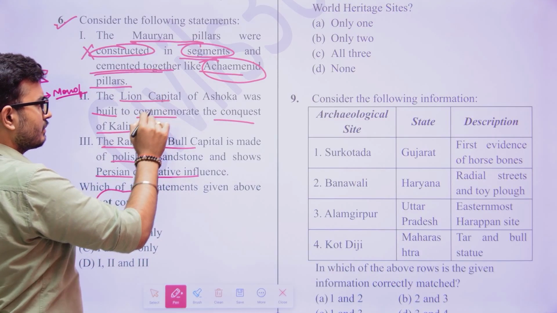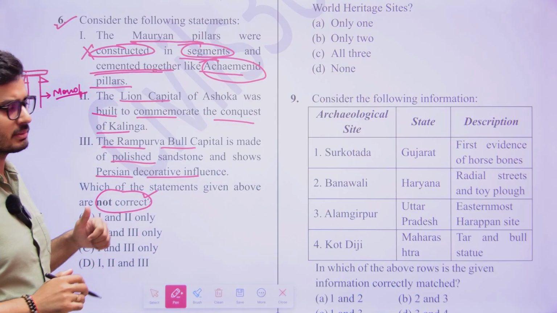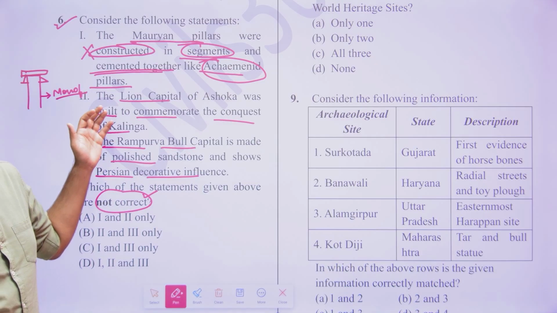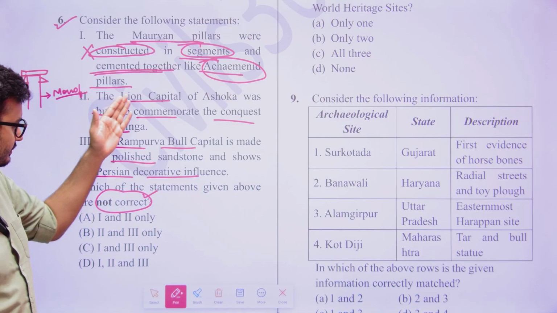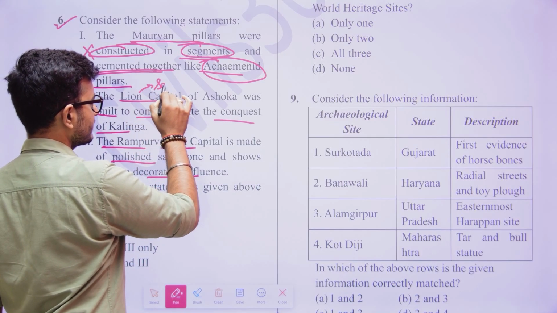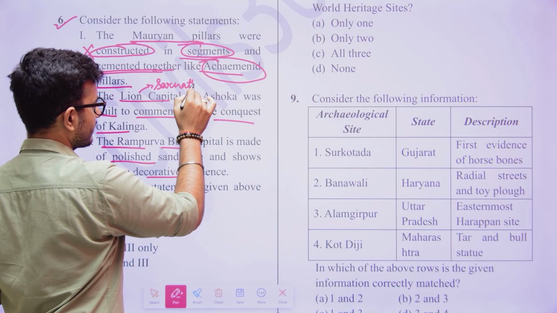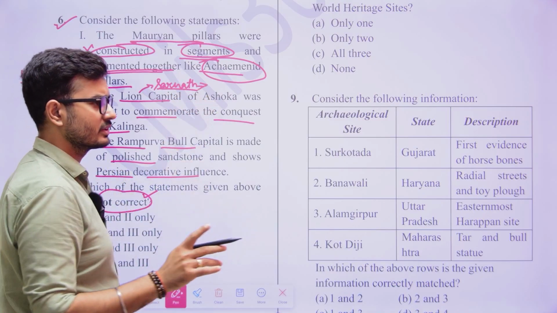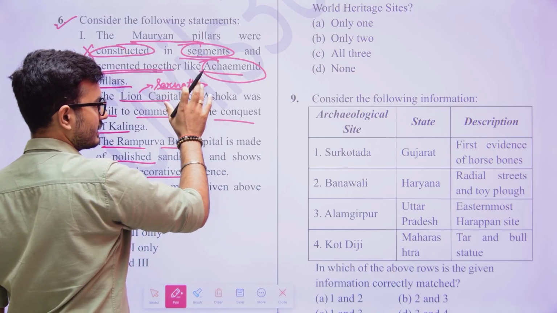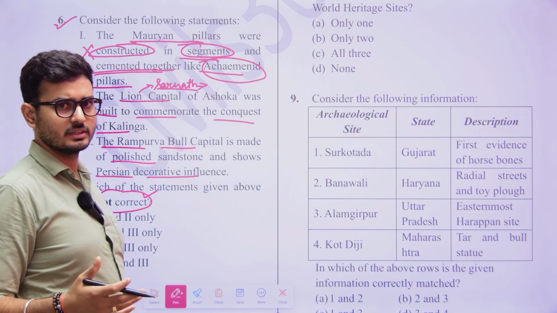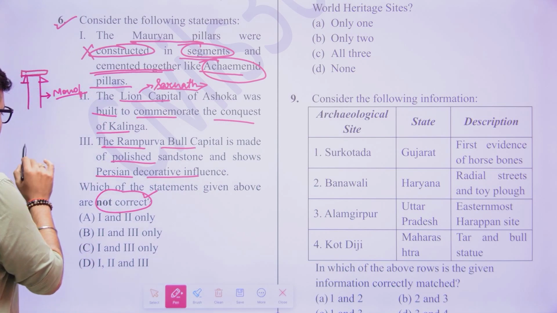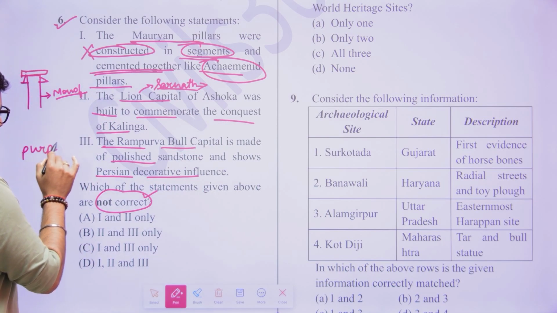Second is the lion capital of Ashoka was built to commemorate the conquest of Kalinga. So where is the lion capital of Ashoka? It is there in Sarnath. Because it is in Sarnath, what do we know? Ashoka created the Ashokan pillars, and there were various purposes for them.